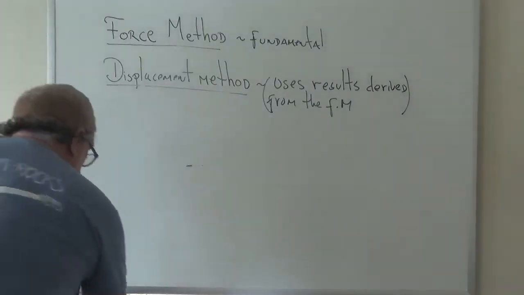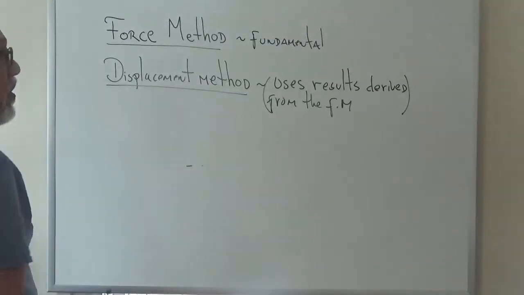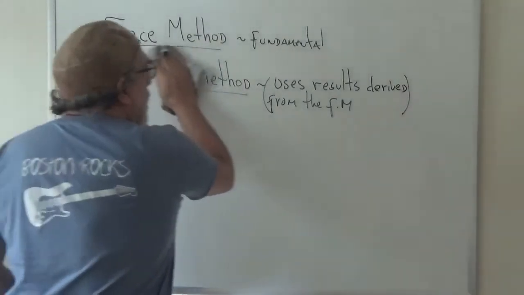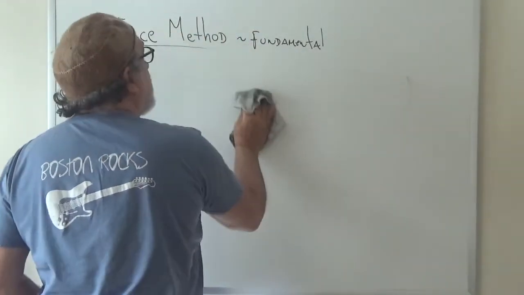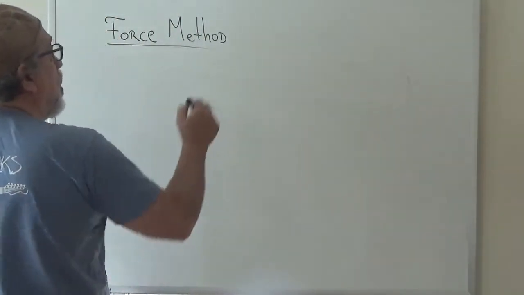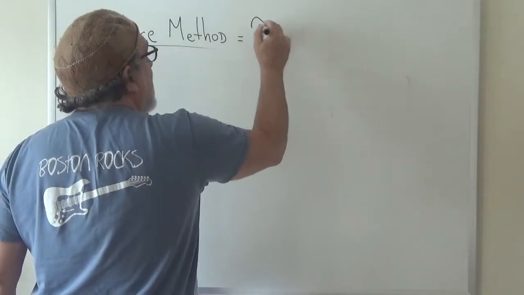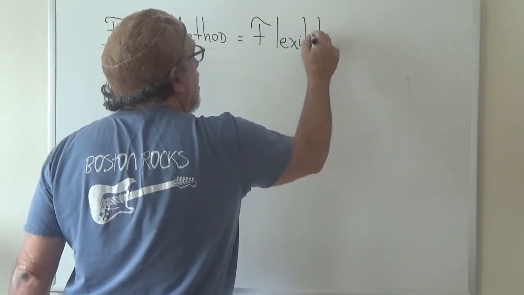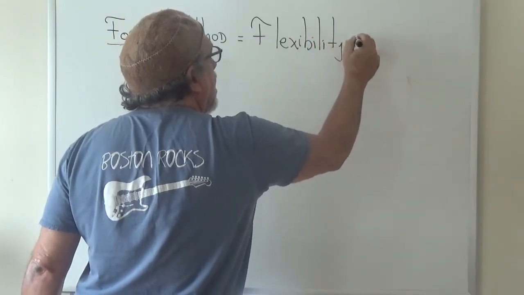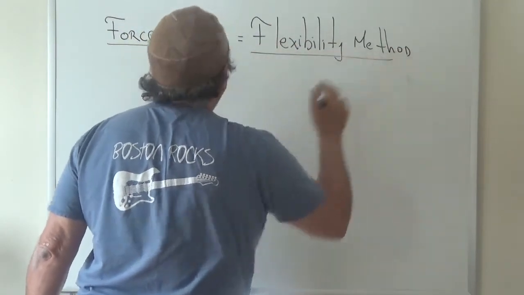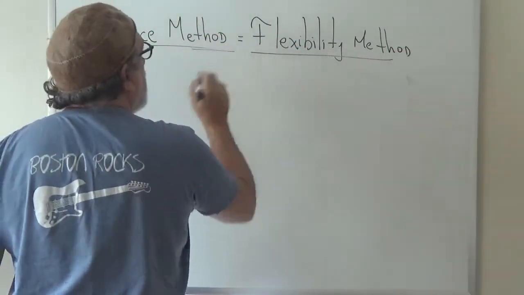Now, this is also usually referred to as matrix methods of structural analysis and so on. The force method then, which is the one that we were going to be developing today, is often referred to also, and we will use that terminology, as the flexibility method. Okay? The force method or the flexibility method are the same thing.